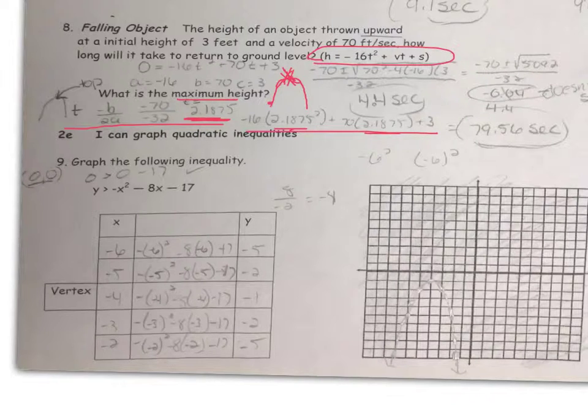Because if you're using a calculator that does the order of operations, it should work out perfectly. If not, do one piece at a time. And I ended up with 79.56. It was not seconds, so I apologize for that. It was feet. I did not notice that. So 79.56 feet. All right, so that was that learning target.